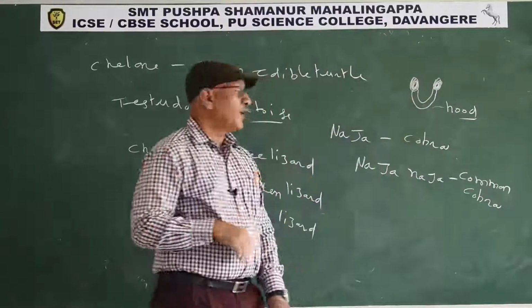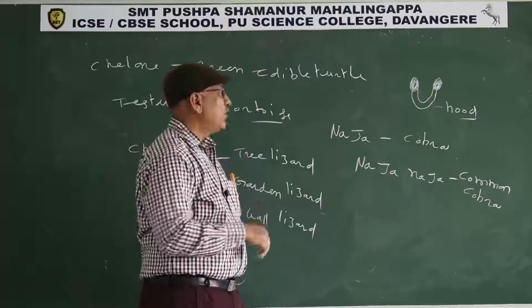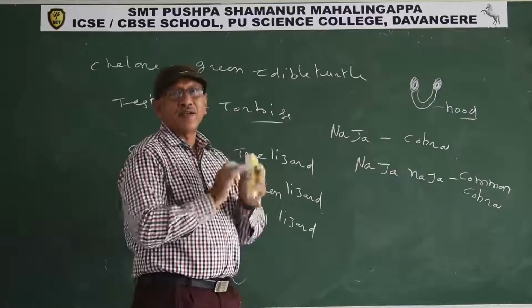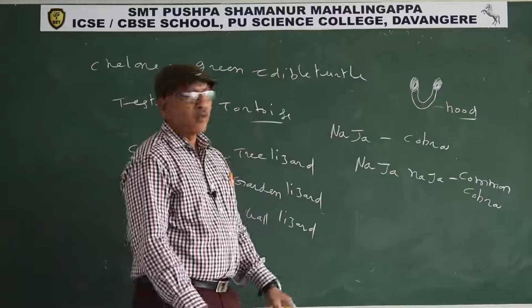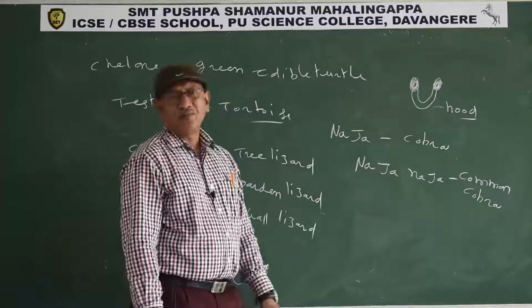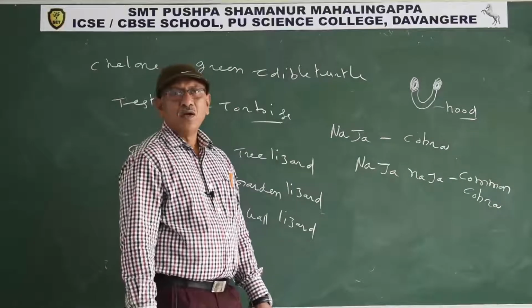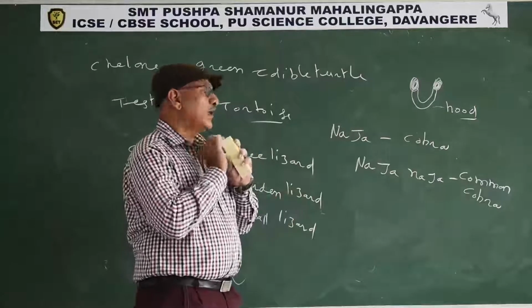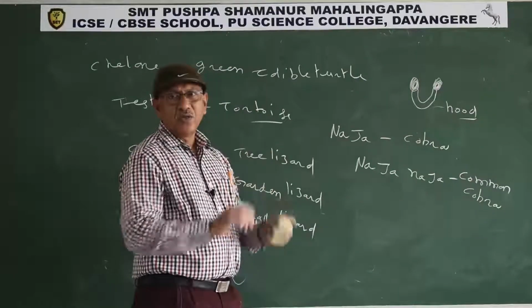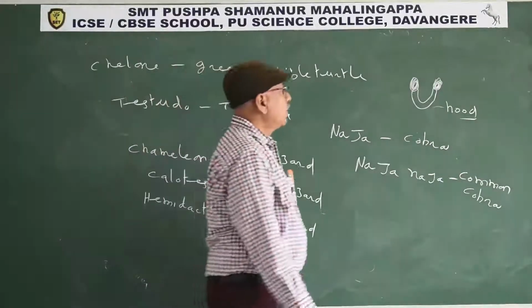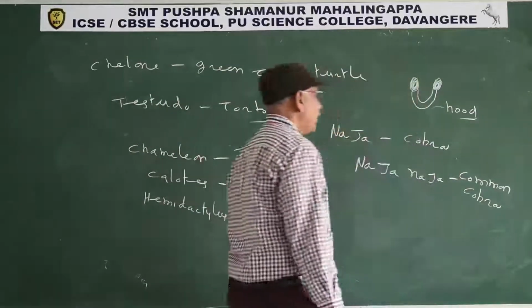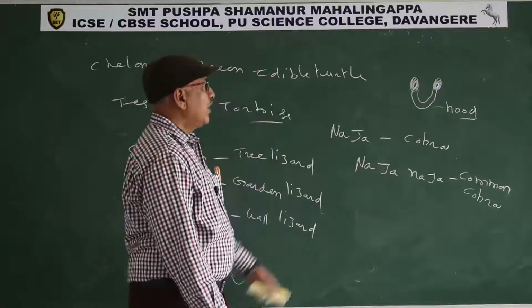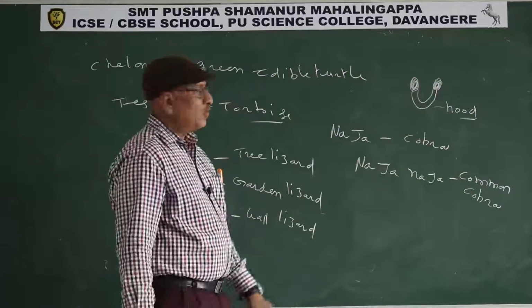What is the modification? How is the hood formed? Neck dilated, as a result hood is formed. To frighten the animals, to create fear in the animals, the neck expanded, converted into hood. So hood is present in cobra. Hood is large and spectacle mark present on the hood.